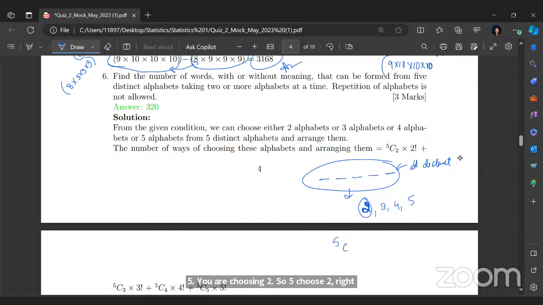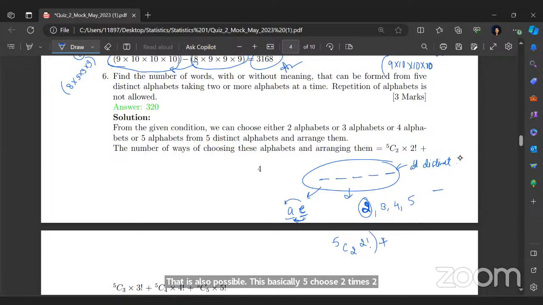And now those 2, let's say I choose A and E. So now you can again arrange this, right? You can make EA. You can bring E to first place, A to second place. That is also possible. This is basically 5 choose 2 times 2 factorial.